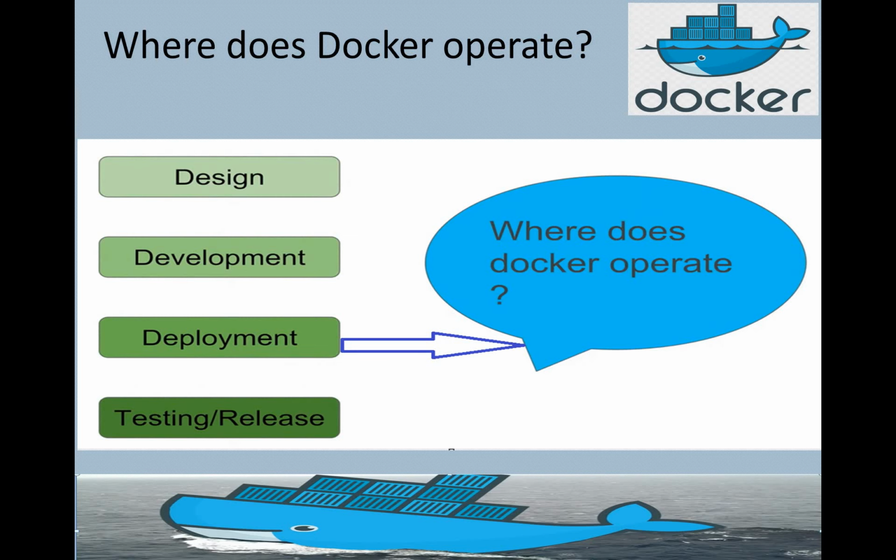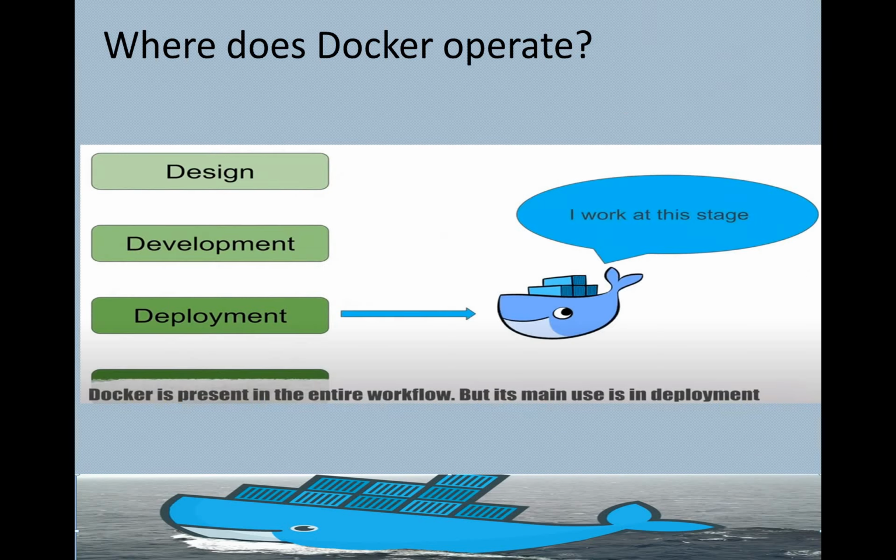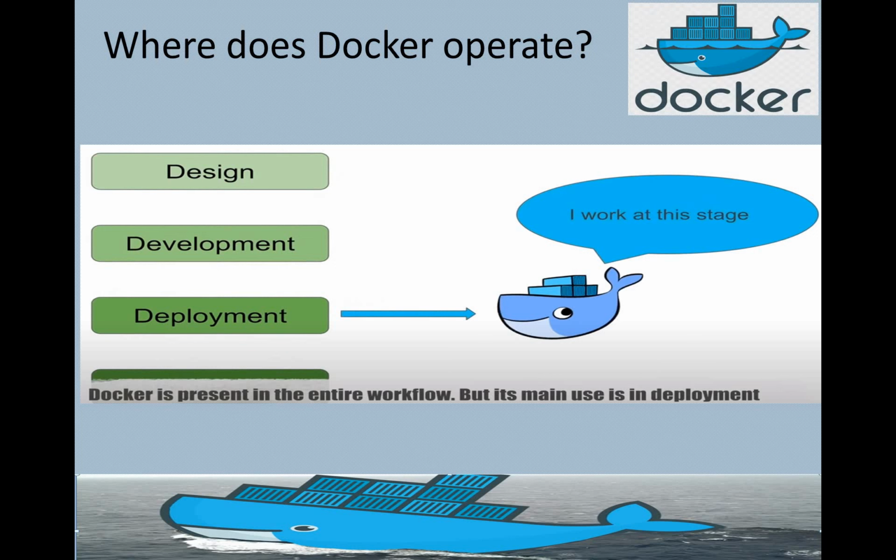Here you can see in this diagram, Docker is present in the entire workflow, but its main use is in the deployment phase. So in this diagram, it is saying I work at this stage, this deployment stage. However, it is present in the entire workflow of your application.